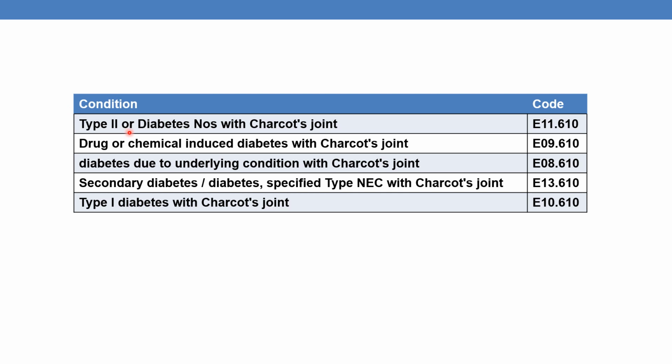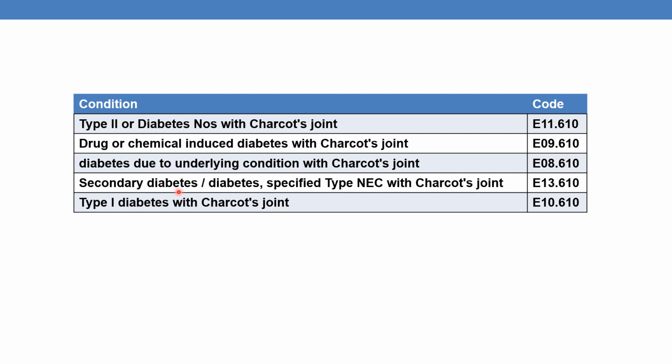For type 2 or diabetes NOS, NOS meaning not otherwise specified or simply unspecified, with Charcot's joint, the code is E11.610. For drug or chemical induced diabetes with Charcot's joint, the code is E09.610. And for diabetes due to an underlying condition with Charcot's joint, the code is E08.610.